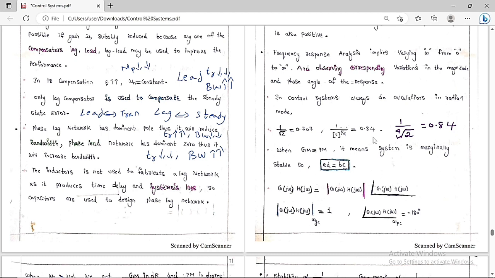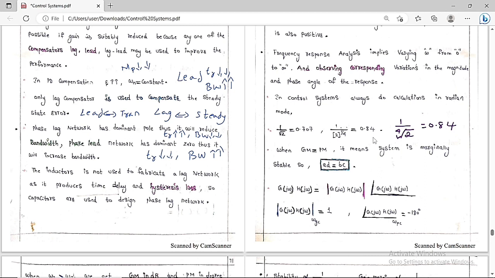You have to remember these values, because some examinations will not allow you to use a calculator, and these values will be very useful in order to solve the questions.